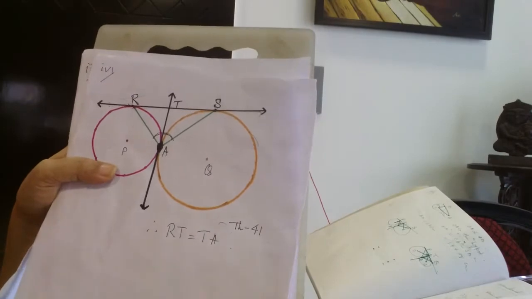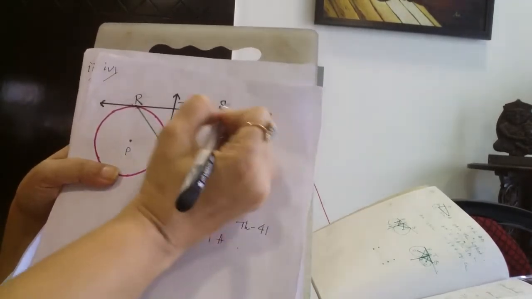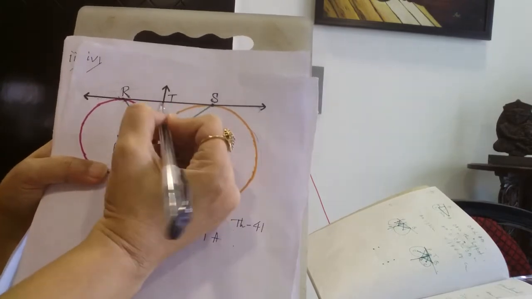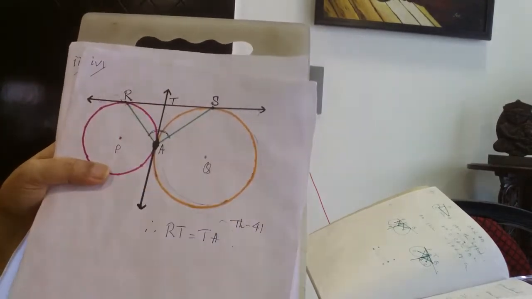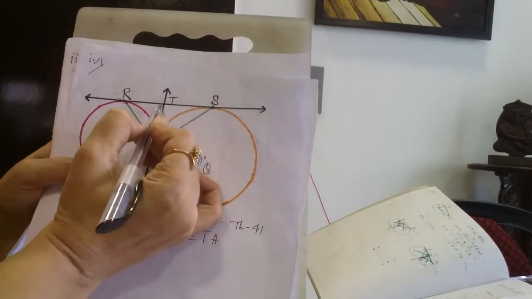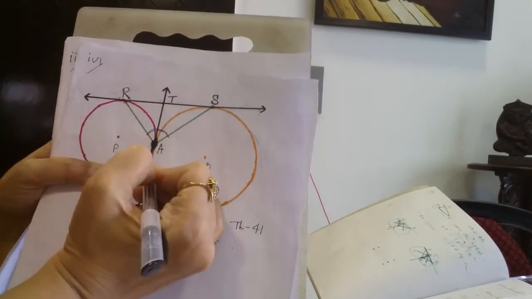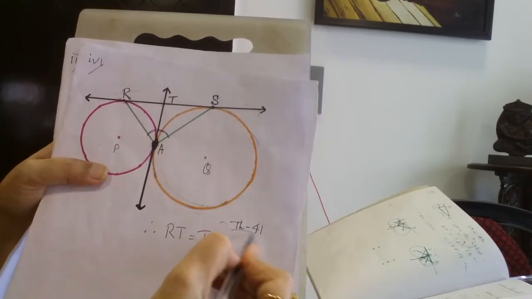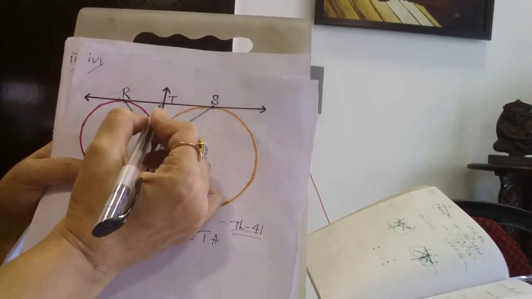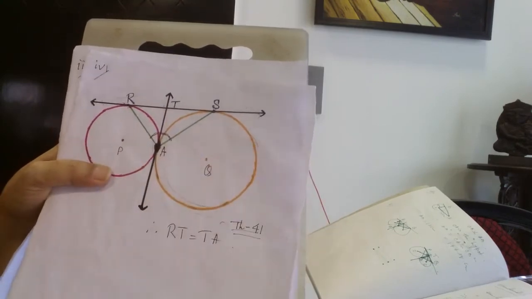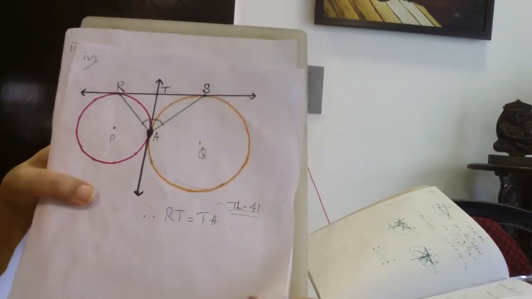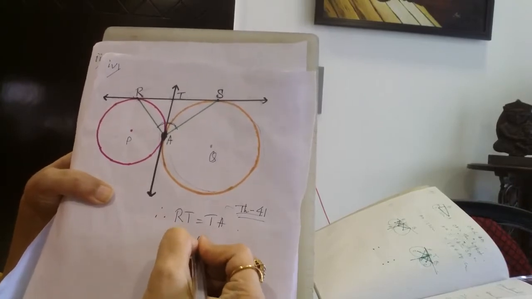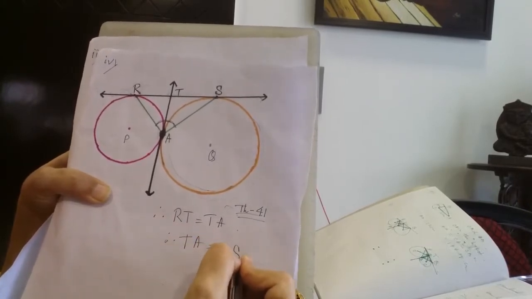Clear? Again, for the same reason, with respect to this circle, TS is a tangent and AT is also another tangent. So from an external point, two tangents are drawn, so their lengths will be the same. So according to theorem 41, again what can we write? TA equals TS.